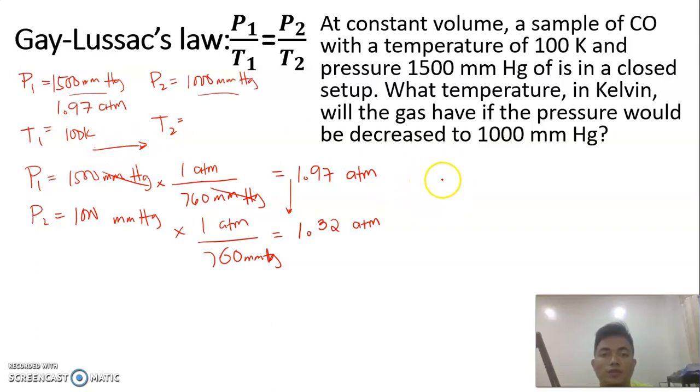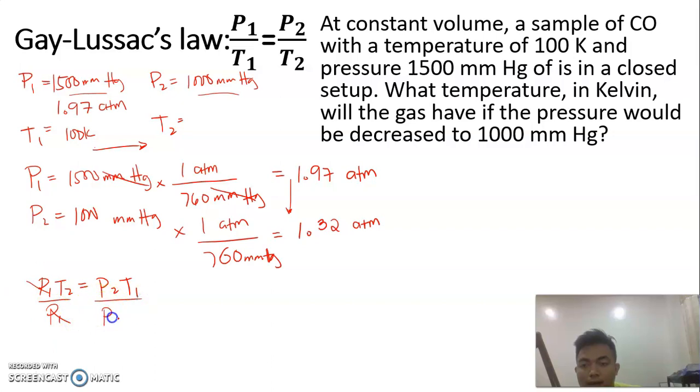So to solve for T2, P1 times T2 is equal to P2 times T1. To solve for T2, you have to divide both sides by P1. Cancel P1, you'll end up with T2.